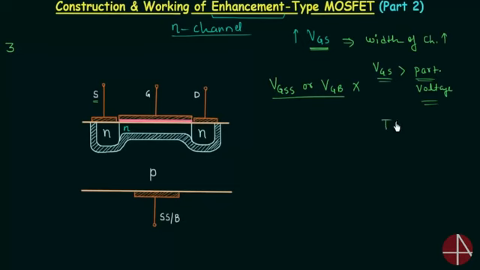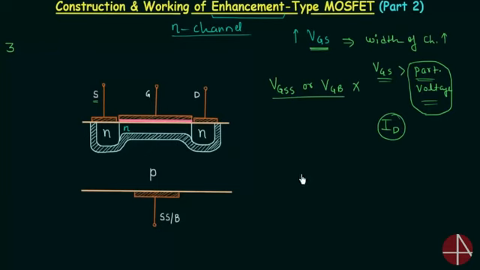The current will be the drain current ID. The channel width will be sufficient if VGS is greater than this particular voltage to allow sufficient flow of current ID. We will talk about this particular voltage. This particular voltage we call the threshold voltage. You must have heard this word threshold. Threshold voltage is a very important parameter in case of MOSFET.